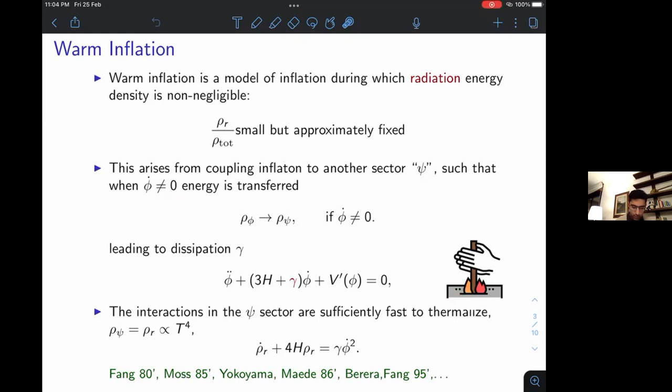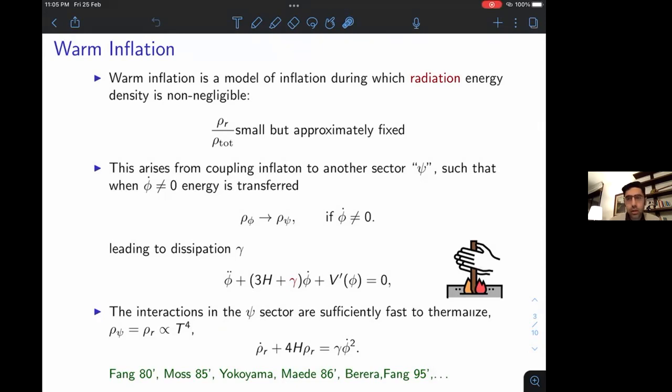That transfer of energy leads to an extra friction term, a dissipation term, in the equation of motion for the inflaton field. And the requirement for this model to work is that this other sector is sufficiently strongly interacting so that this energy that is transferred thermalizes.